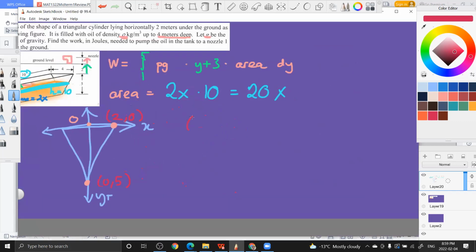You can use what you learned in high school to find the area. The slope m is equal to 5 minus 0 over 0 minus 2. You're going to get 5 over minus 2.